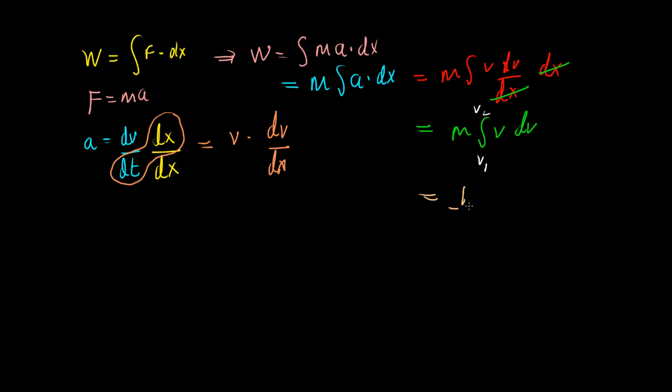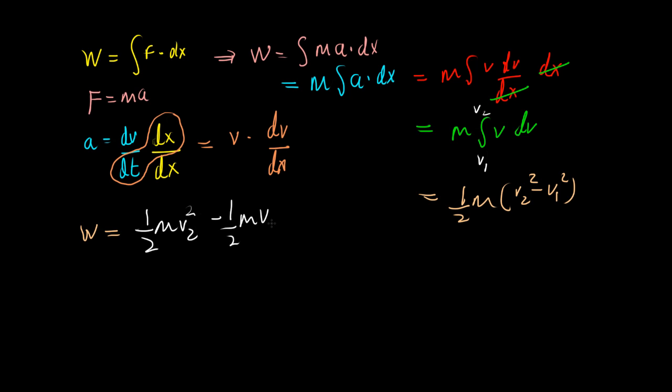This becomes half m times v2 squared minus v1 squared, so the work done is equal to half m v2 squared minus half m v1 squared, and this is nothing but the change in kinetic energy. So here we have the Work-Energy Theorem, that the work done by all forces is the change in kinetic energy.